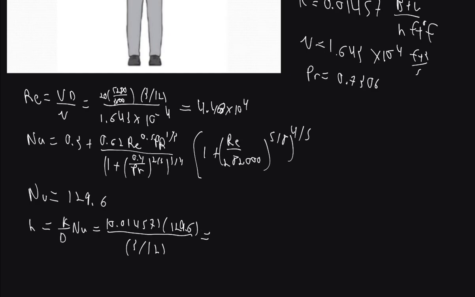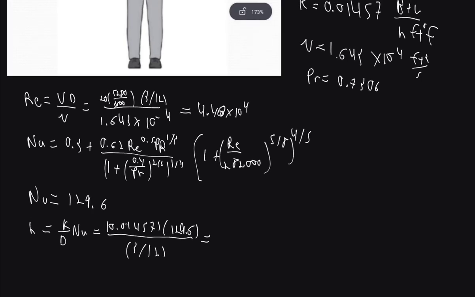Because this is in BTU per hour feet, the k is, our answer will be in BTU per hour feet, all that mess. So 7.553 BTU per hour times feet squared, degree Fahrenheit.